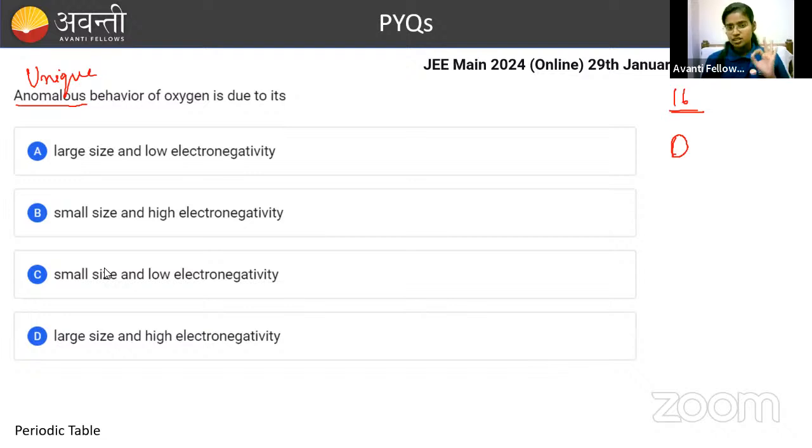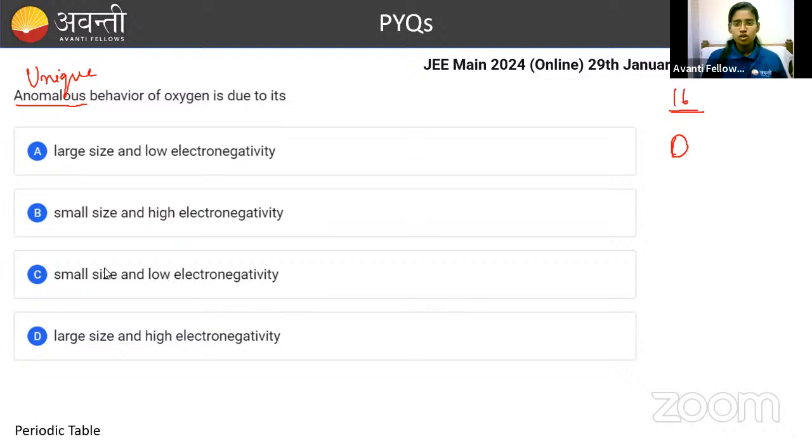Can anyone give me those three reasons in the chat box? The first member of each group behaves differently. I told you it is due to three reasons. I'll give you 15 to 30 seconds. What are the reasons for the unique or anomalous behavior of oxygen or the first member of each group?